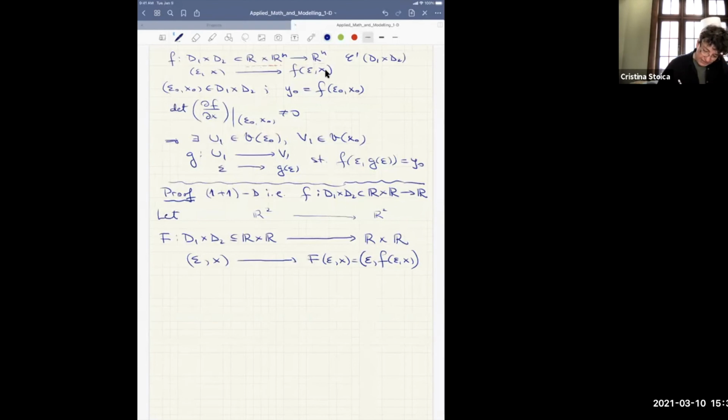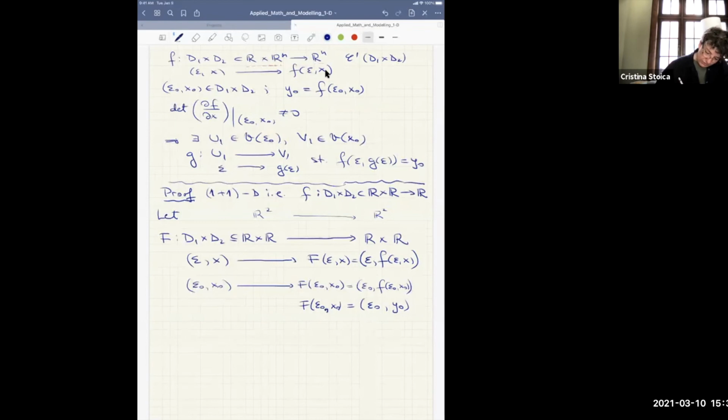So we'll have that (ε₀, x₀) goes into F of (ε₀, x₀), which will be (ε₀, f(ε₀, x₀)). So let's call this one... we'll need some notation, (ε₀, y₀).